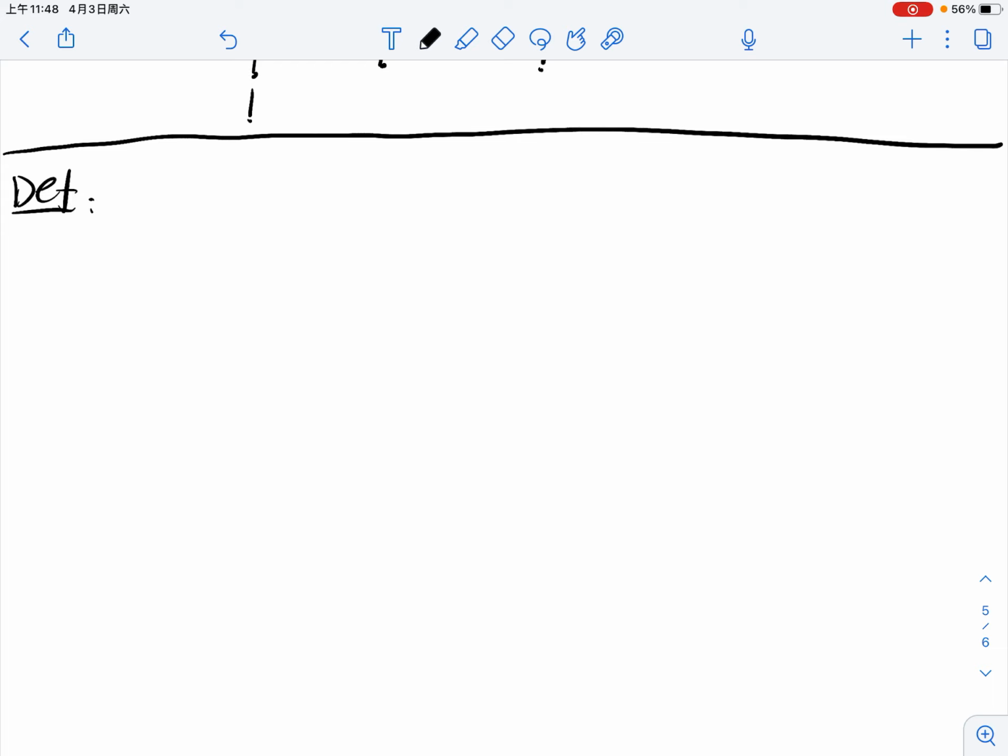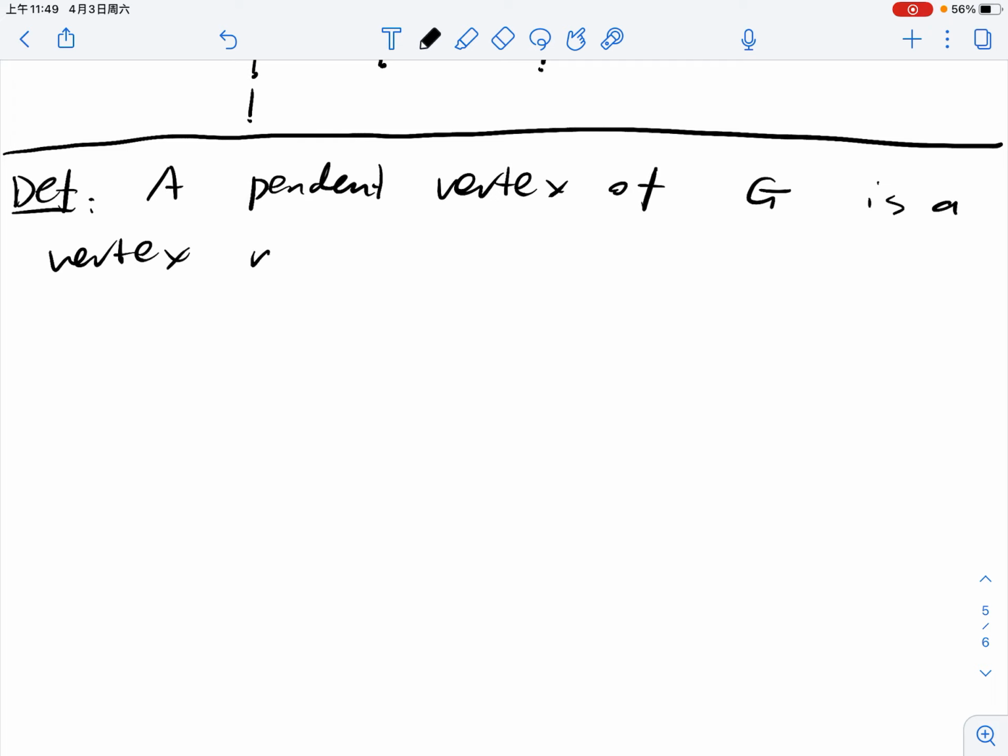Okay, before that, we make some definitions. So the first definition is pendant vertex. A vertex of a tree or a graph G is a pendant vertex if its degree is 1.